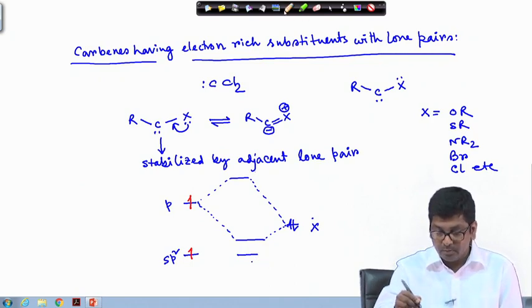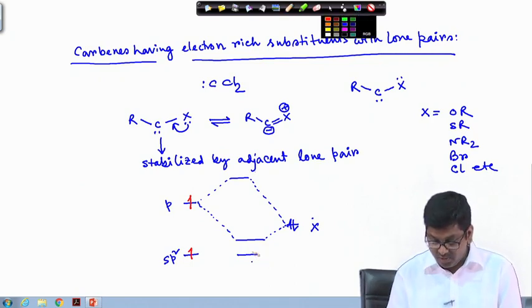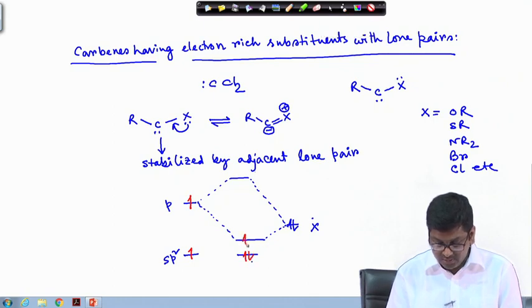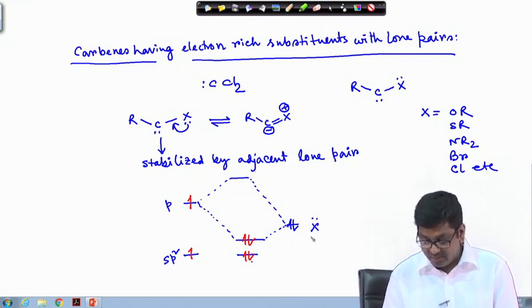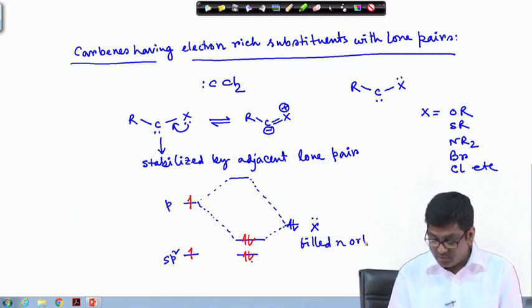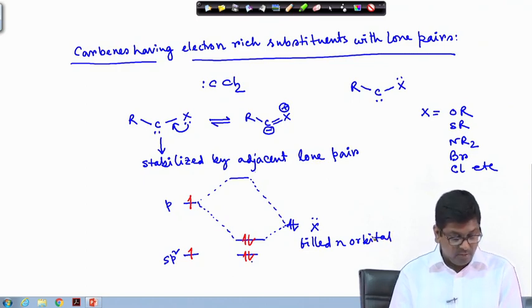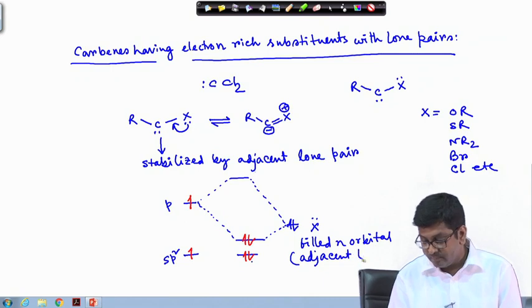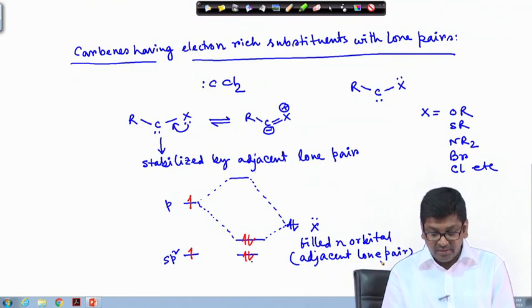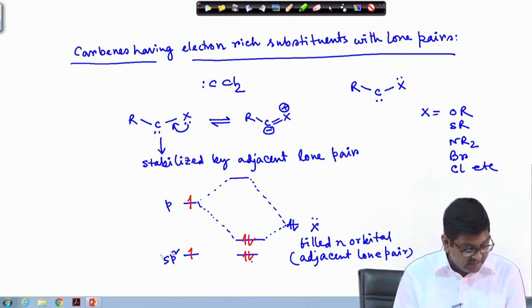Now the electrons, if we think, are like this and like this, and this is the filled n orbital. This is the adjacent lone pair. And this is the partially filled orbitals of triplet carbene.